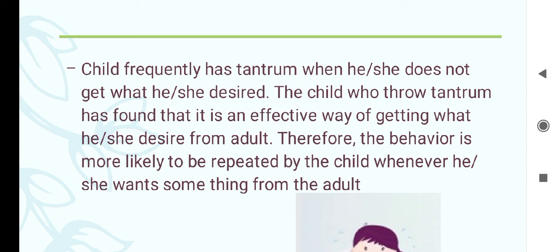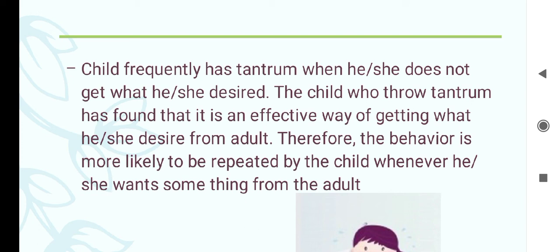But if children at the preschool age, who don't show any symptoms of Asperger or autism, still throw tantrums and show temper when they want or desire something, that is a sign they are becoming dependent.